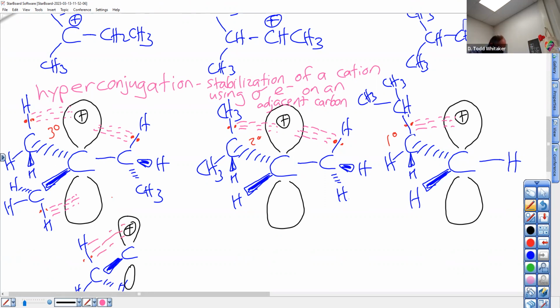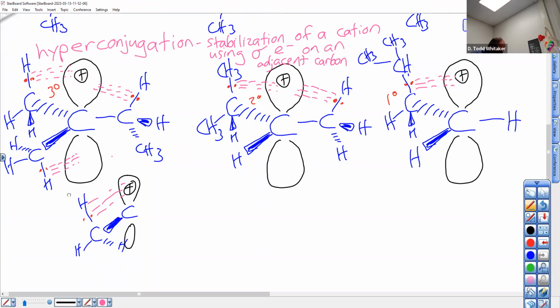So I'm talking about down here. This was pointing that direction, and after rotating, sigma rotation, the point is, if there's a carbon next door, one of the bonds is going to work. One of the bonds is going to be pointing the same direction as the empty p orbital.